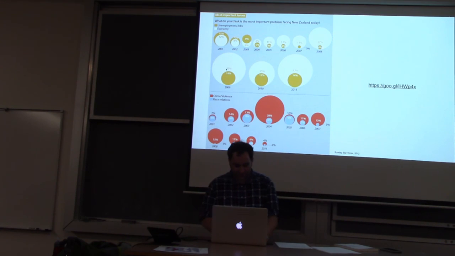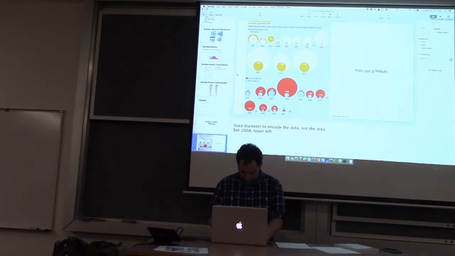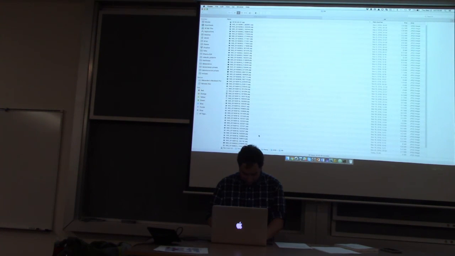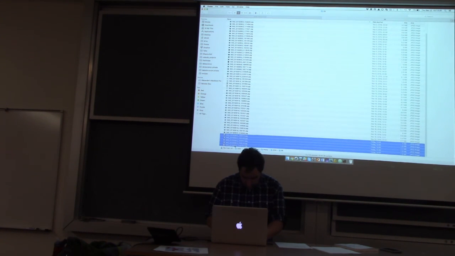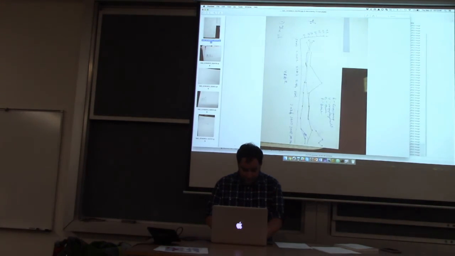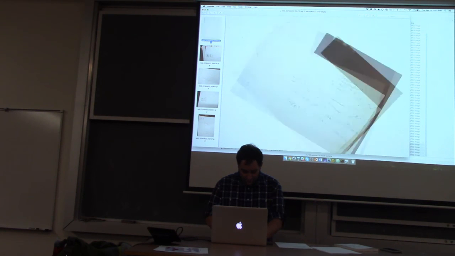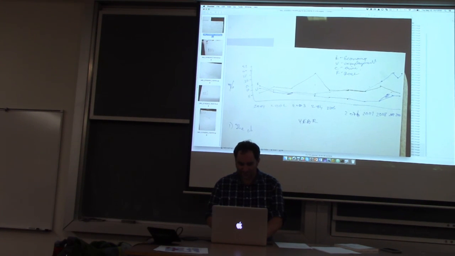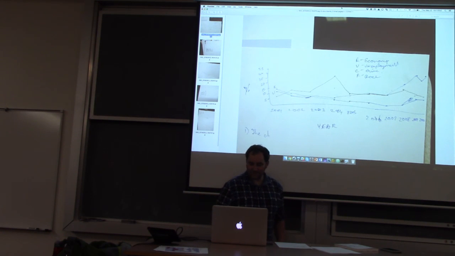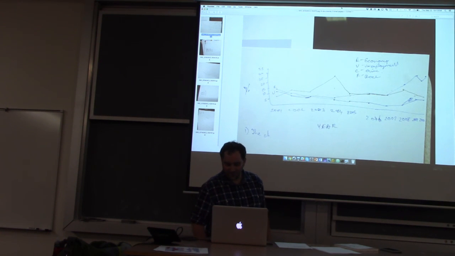So I'm going to show some of your designs. Here we have a line chart, and it looks like all of them are plotted in the same line chart.